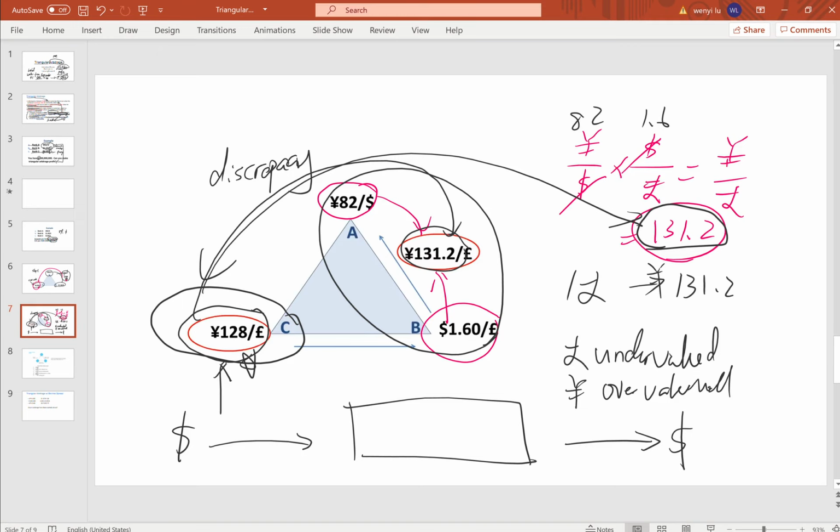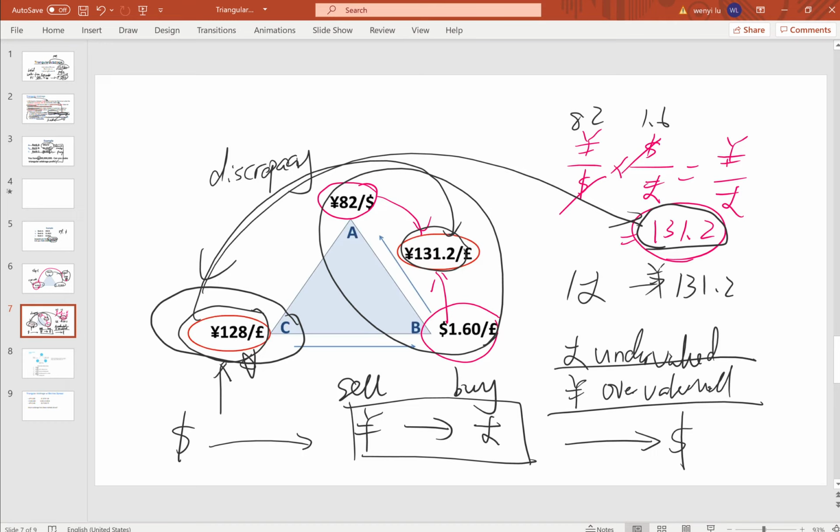So we want to sell what? We want to sell the Japanese yen. So we sell the yen. Sell yen. To buy what? To buy something undervalued. Is more valuable. Should be, right? So we buy the pound.